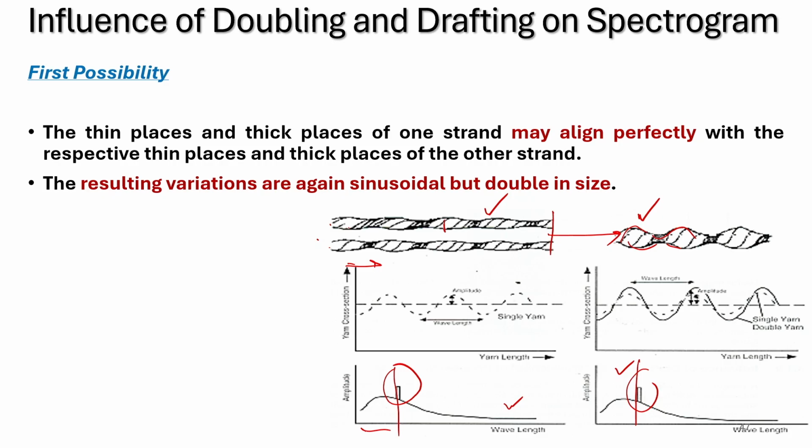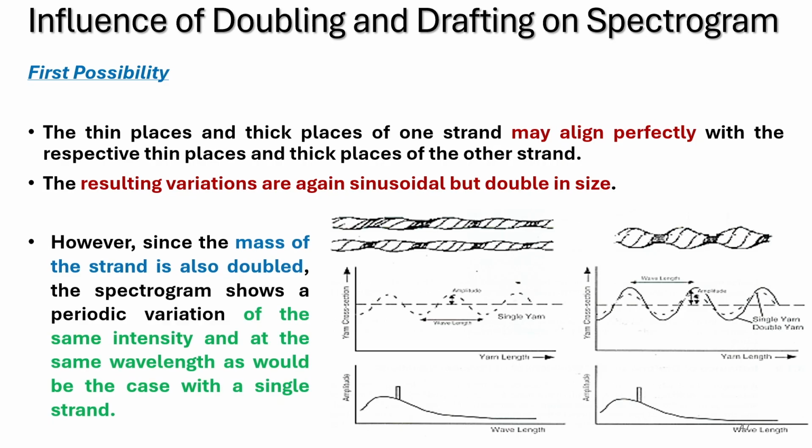The only thing is that the variability of the sliver from the mean size is doubled. However, since the mass of the strand is also doubled, the spectrogram shows the periodic variation again, of the same intensity, because the number of repeats will remain the same at the same wavelength.